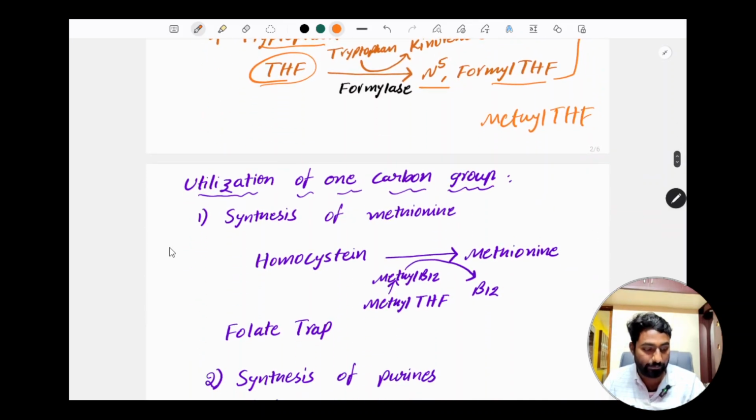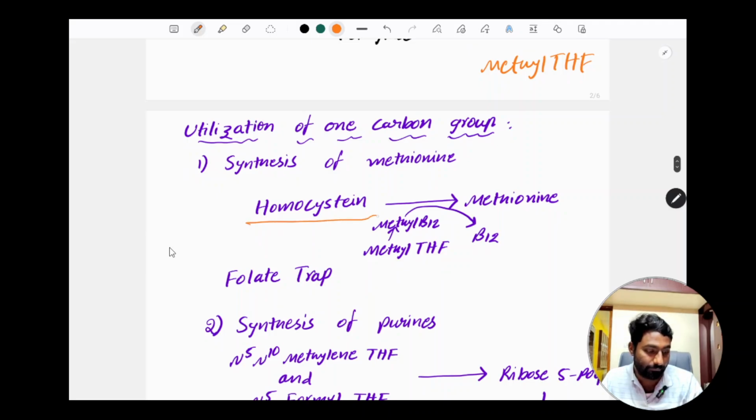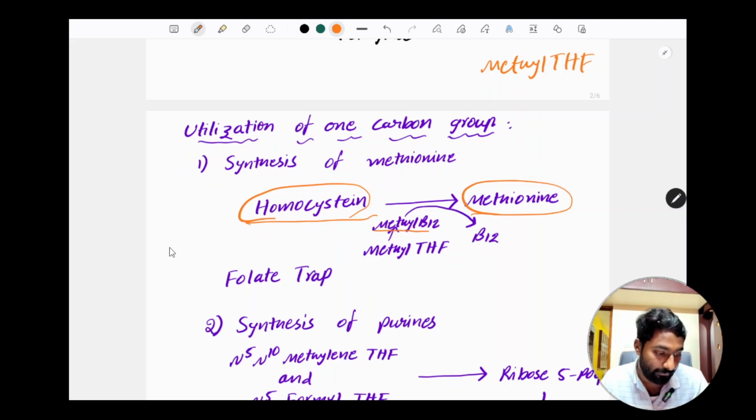Now we will see the utilization of these one carbon groups in different things. One is during the synthesis of methionine from homocysteine, where there is a transfer of one methyl group from methylcobalamin, so that methionine is produced. For this methyl group transfer to B12, it is helped by methyl THF.